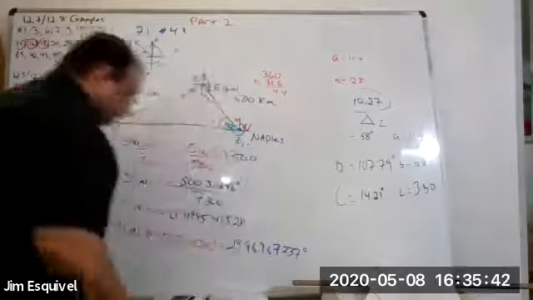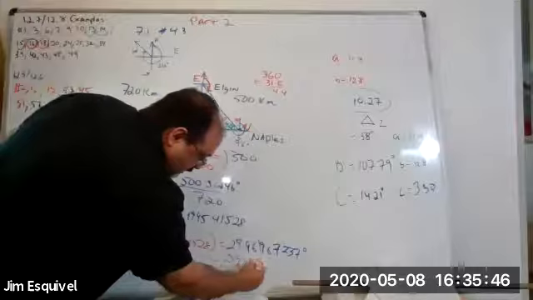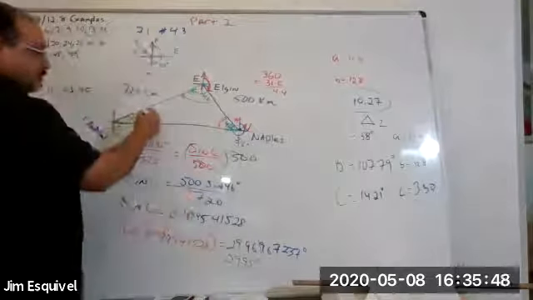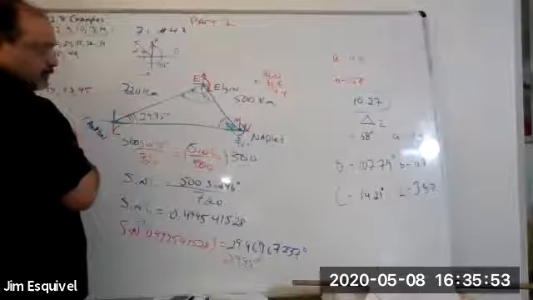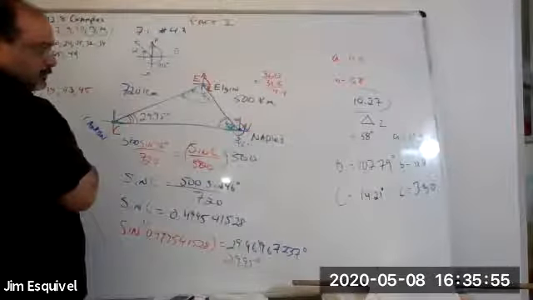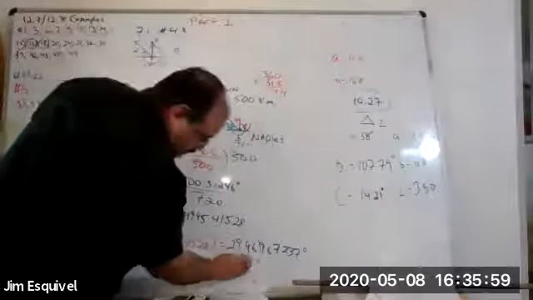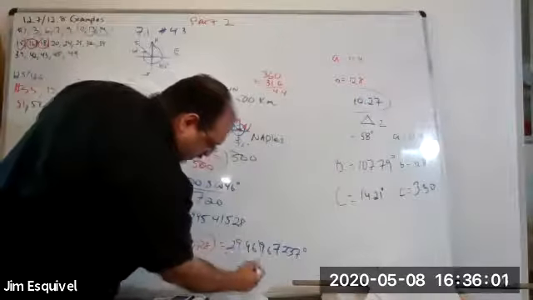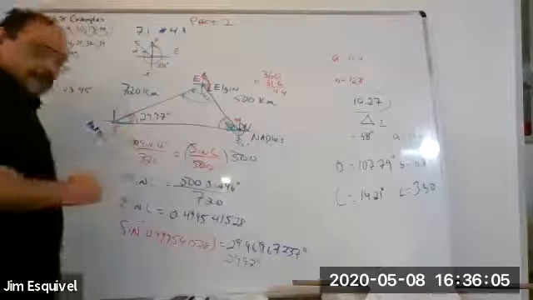Nearest hundredth. So the nearest hundredth, 29.95 degrees. Isn't it the 6 go up? Oh, shoot. Why did I see 5? Okay, yeah. 7. Thank you.